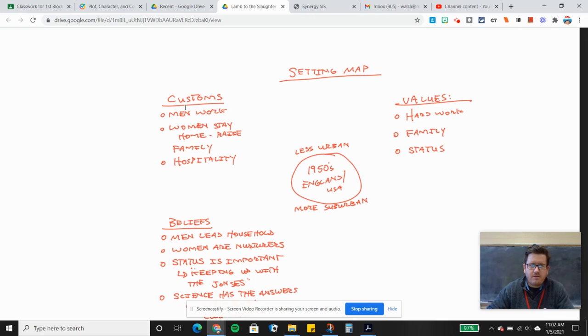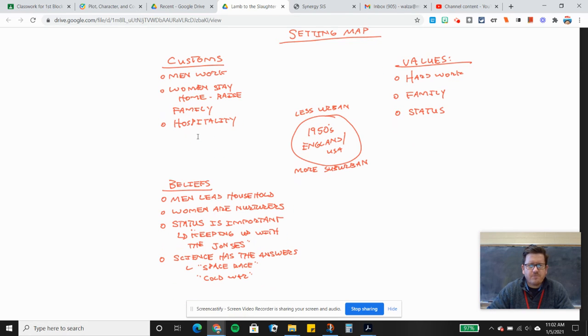So the customs here: men work and women stay at home and raise the family. And there was also a big focus on hospitality. It was customary to have visits and people over and to offer people hospitality. Now, here in the South, we do pride ourselves on our hospitality. When people come over for a visit, we offer them food and drink. So it's not so far off from what I think we're used to.